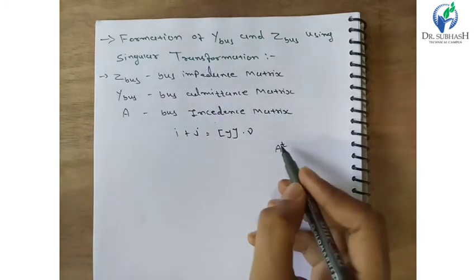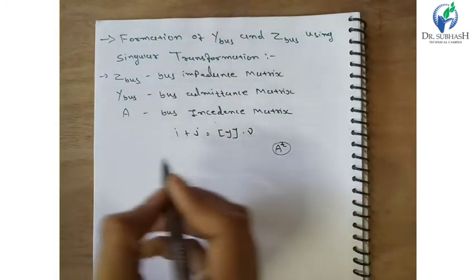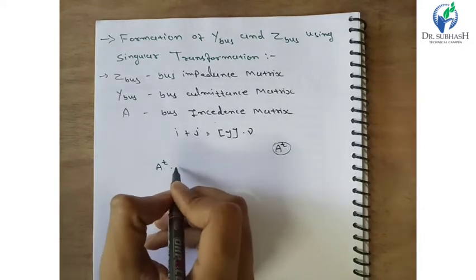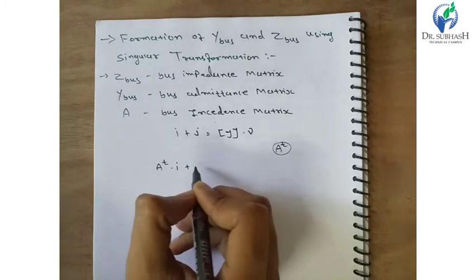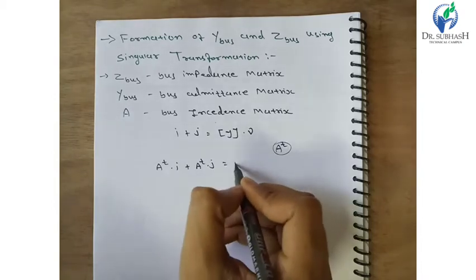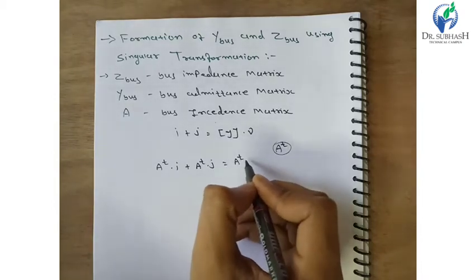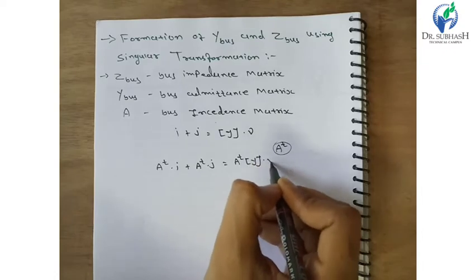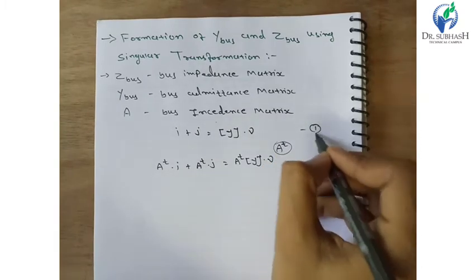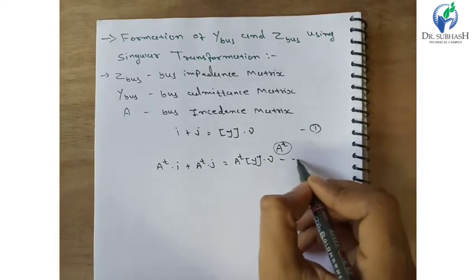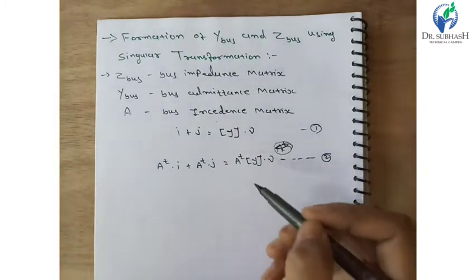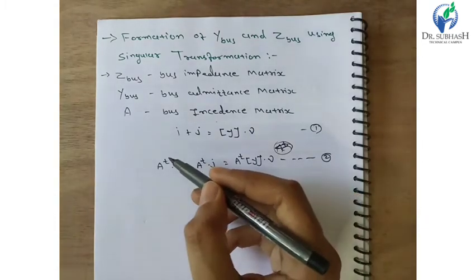Multiplying both sides by A^T, we write A^T into I plus A^T into J is equal to A^T into Y into V. This is the first equation which we can write here, and this is the second equation for multiplying with A^T.